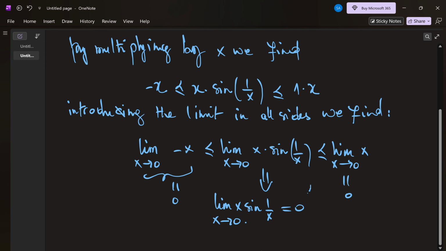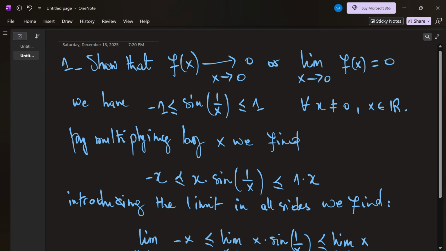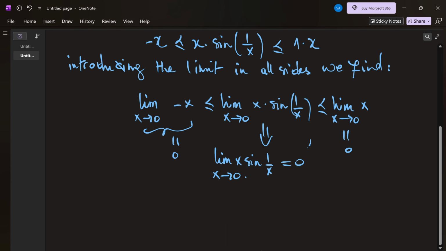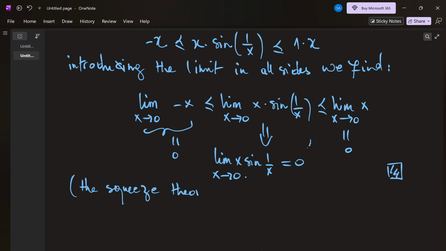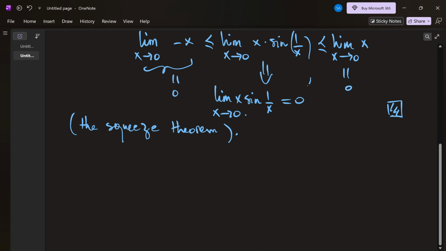This is the end of proof, and we call this the squeeze theorem. But the exercise tells you to use another approach, which is using the definition.